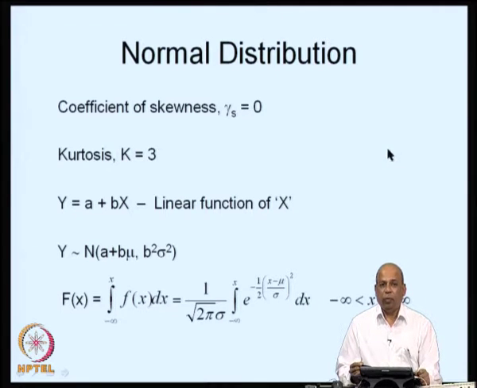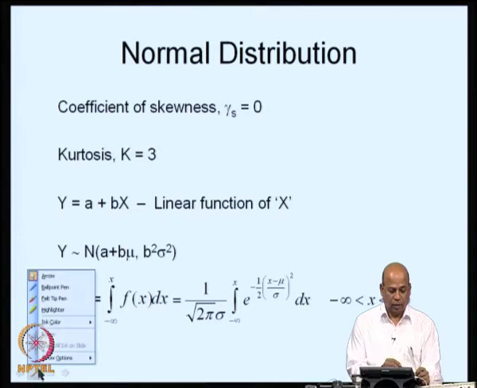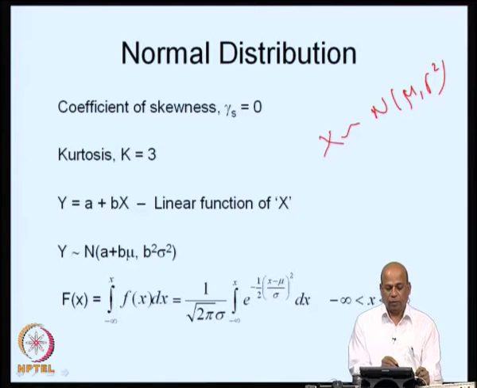But a useful result of the normal distribution is that if x is normally distributed with mu and sigma square, and we define a linear function on x, then y is also normally distributed.